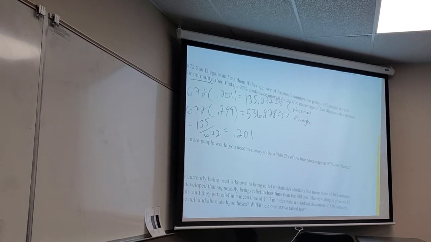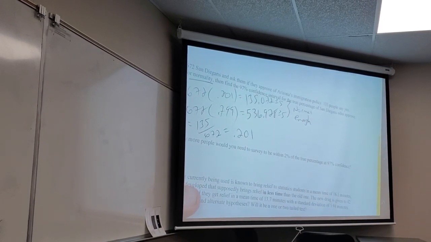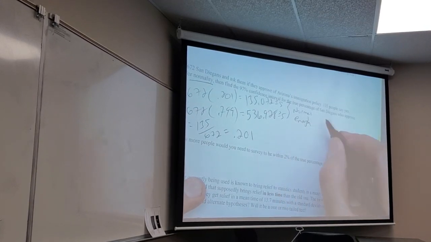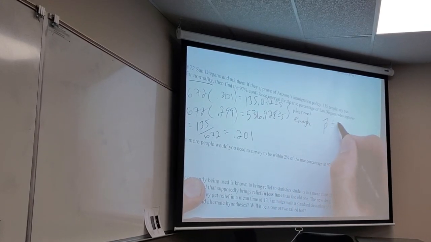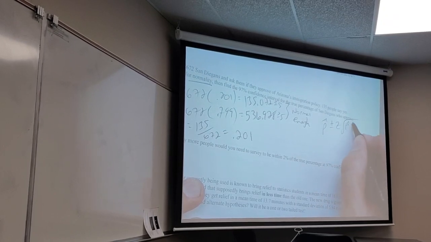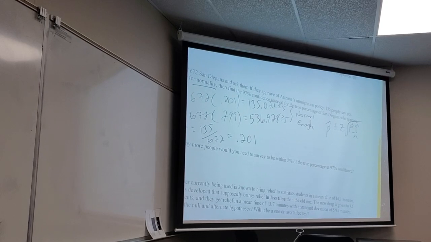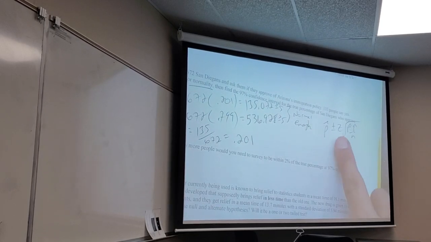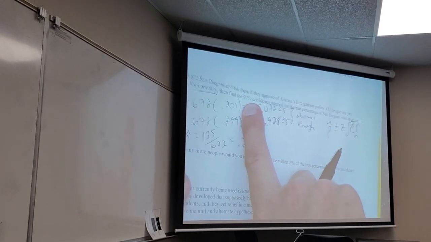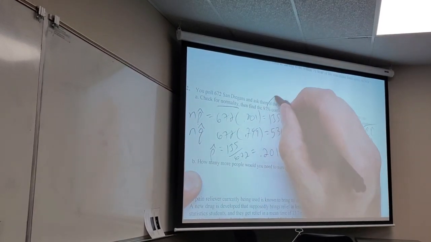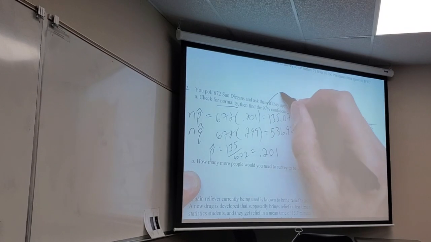Your z-score, plus or minus 2.17. So then you can do p hat plus or minus z square root of p hat q hat over n. It's just a bunch of plug and chug stuff, right? You got to look up the z-score for 97% confidence. Can you draw a 97% confidence interval?